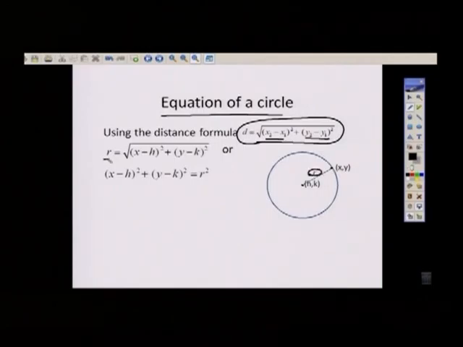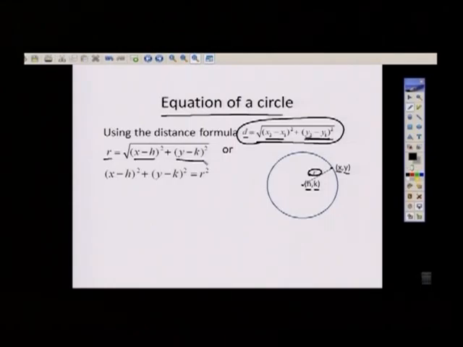So we can substitute r in for d in the equation, and our x2 and x1 values would be the x and the h. So the equation becomes r equals the square root of x minus h squared, and then our y2 and y1 values in the distance formula are your y and your k, so y minus k squared.